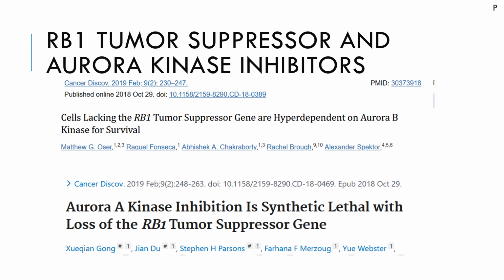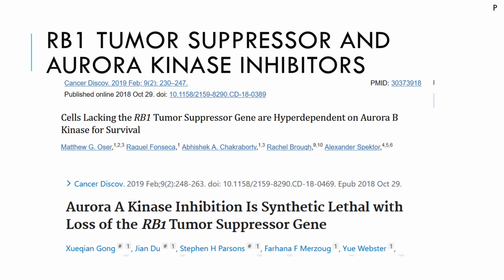Okay. One of the things that has been known in the literature for a while is that the gene called RB1, which is a tumor suppressor, has a very close association with another, separate gene called aurora kinase.